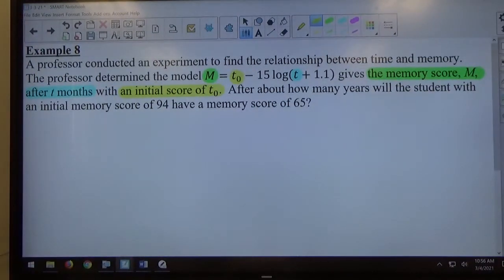So they give us this formula, they give us 3 variables, and they describe what the variables represent. Again, this is a very typical algebra problem. Here's an equation, here's all these variables, here's what all the variables mean. And then they go on to tell us some stuff about these things.